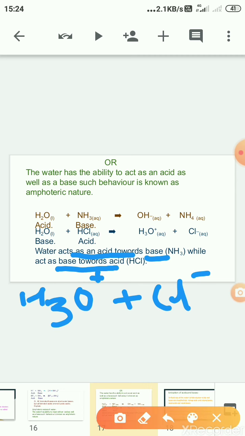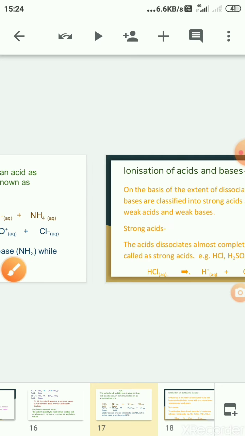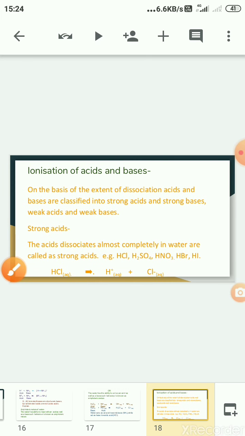Now we are going to see the next concept, ionization of acids and bases. We have to see a fine difference between ionization and dissociation. Before that we have to remind ourselves of strong acids and weak acids, as well as strong bases and weak bases. Which are the strong acids?